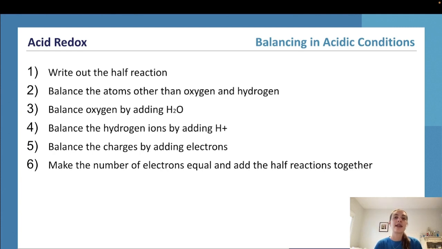In that case, you can actually consolidate those. So if you have 5 hydrogen plus 7 hydrogen on one side, you can add those together and simplify it to being 12 hydrogen.